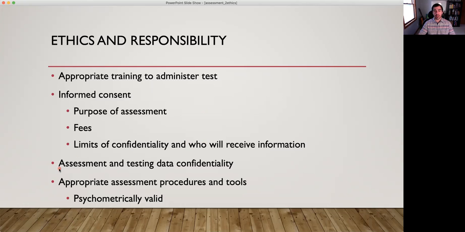It's important to make sure that we're being ethical about how we protect the assessments themselves, the actual materials. So I shared the PHQ-9 and the GAD-7 because those are publicly available. There are other measures that are copyrighted, proprietary, meaning that there's a cost to them. They're the intellectual property of someone, or they're measures that, if they were to get out to the wider public, may impact the validity of the test.